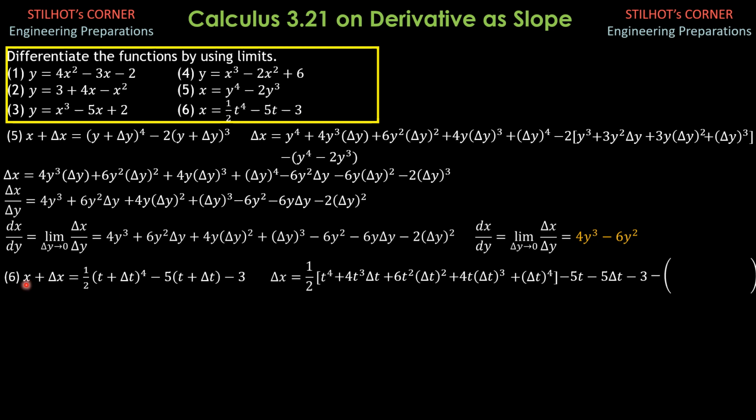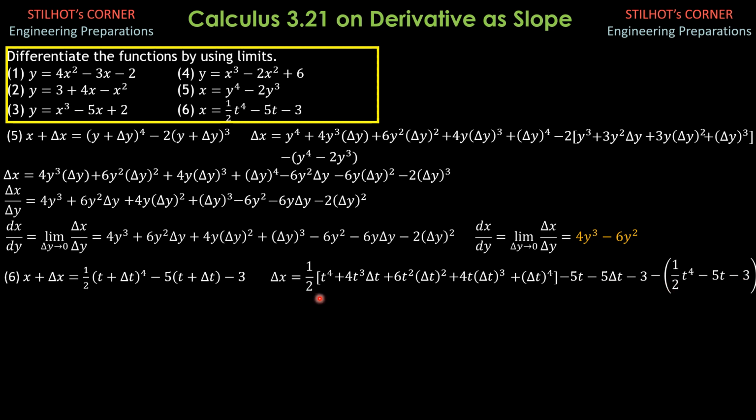Then minus x, which is quantity 1/2 t to the fourth minus 5t minus 3. So negative 1/2 t to the fourth will be eliminated because we have 1/2 t to the fourth here. Negative 5t and positive 5t out, and negative 3 and positive 3 out.